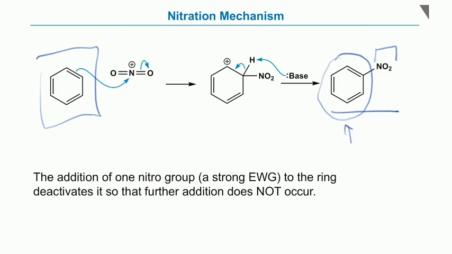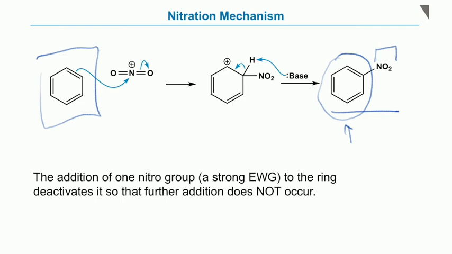Do I have less electron density now at the end of this reaction or more? Because the nitro group is a very powerful electron withdrawing group. Remember, if you draw this out, the formal charge on that nitrogen is actually positively charged. It's like you've got a permanent cation attached to the ring. That is a very powerful electron withdrawing characteristic.